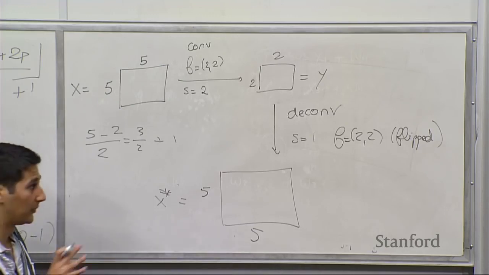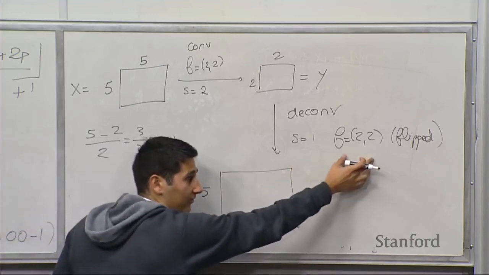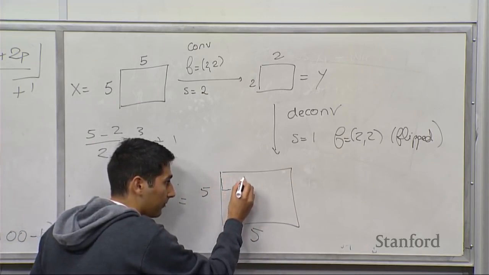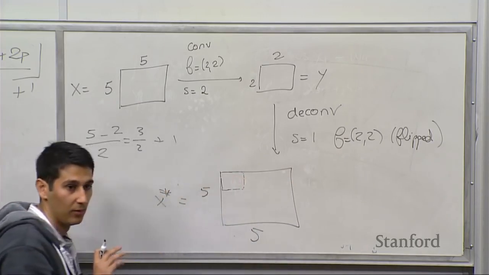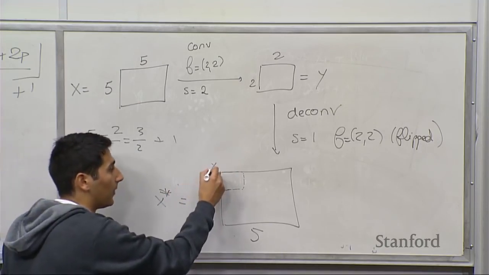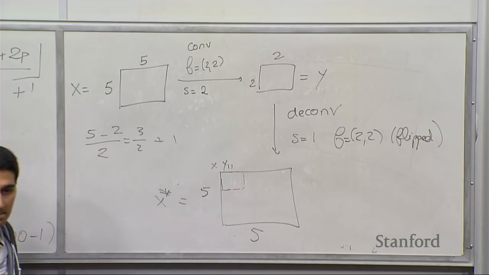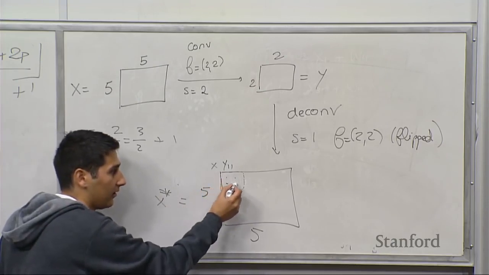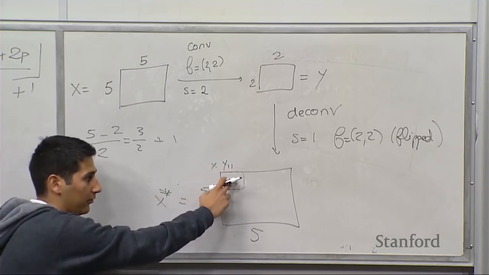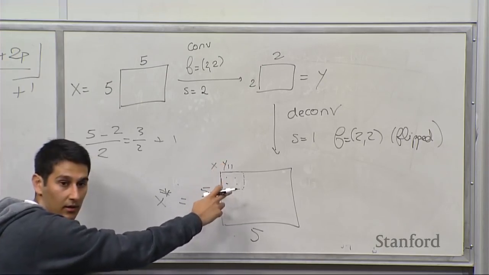The way we will do it is we will take the filter f, which is 2 by 2, and put it here. We will multiply all the weights of this filter by y11. So I will get 4 values here, which are going to be w4y11, w3y11, and so on.